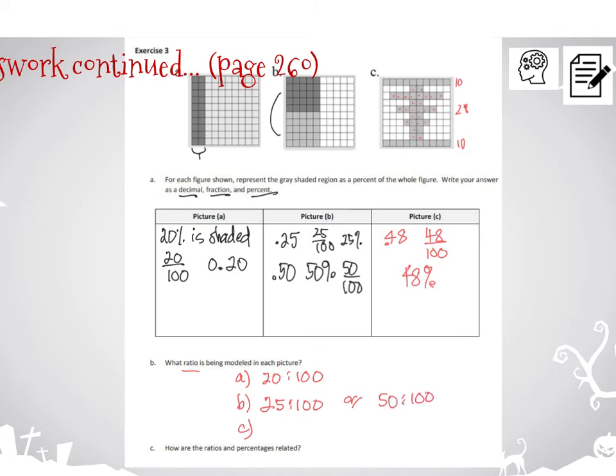And on C, we've got 48 out of 100. How are the ratios and percentages related? Well, 20 out of 100 is equivalent to 20%, because remember, percent means out of 100. It says basically the same thing.